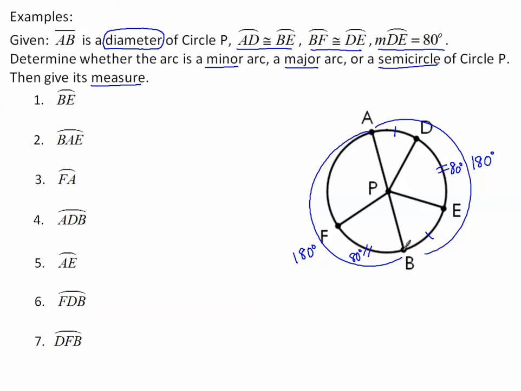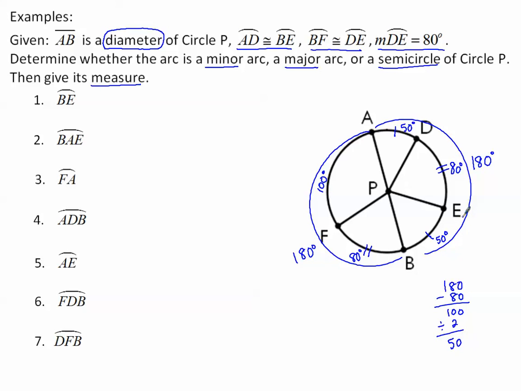If this is 80 degrees and all that way is 180, what's left over for this little piece? Well, we did something like that earlier, 100 degrees. If these two are congruent, let's take away the 80 from 180. So 180 minus 80, again, that's 100. But then we have to split it up between these two that say they're congruent. So 100 divided by 2 gives us 50. So each of these little arcs is 50 degrees.